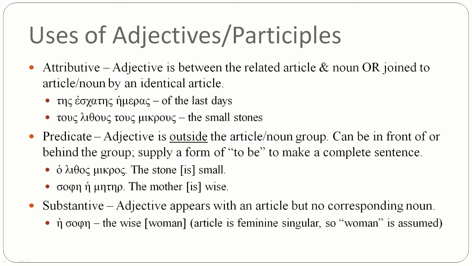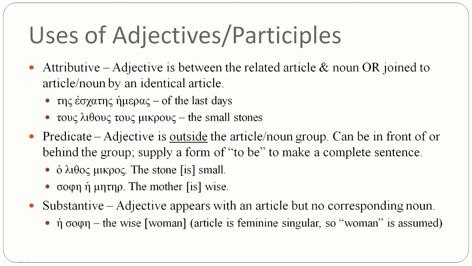The second category here is the predicate adjective. In this one, the adjective is outside of that article-noun grouping. It doesn't matter whether the adjective is outside of it at the end, after the article-noun, or in front of the article-noun. As long as they're all related and have the same gender, number, and case, this is a predicate adjective.